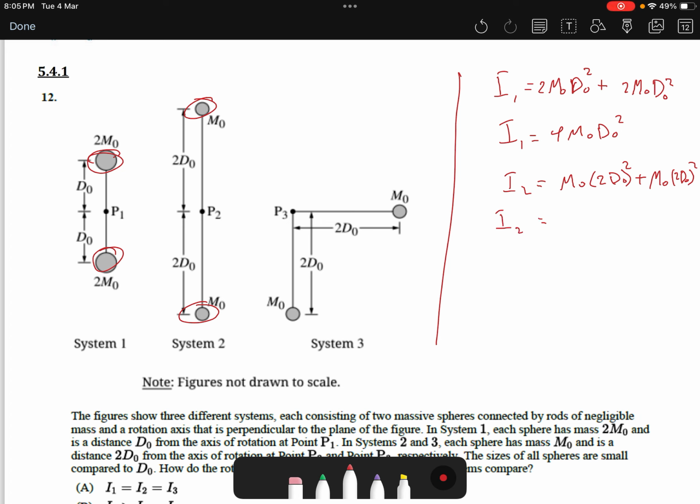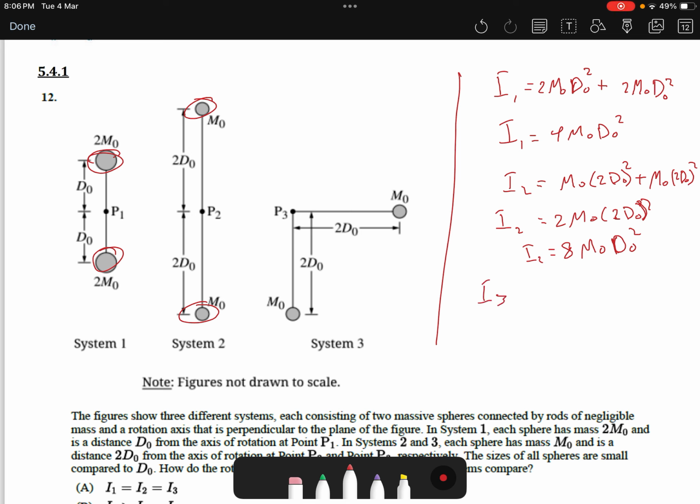So I2 equals 2 m0 times 2d0 squared. That means 2 squared is 4, 4 times 2 is 8. 8 m0 d0 squared. Okay, so this is I2.